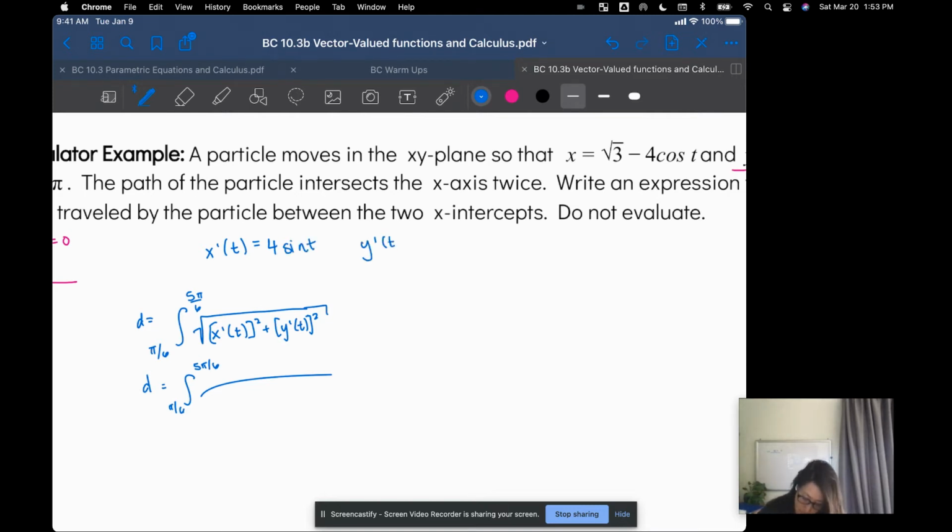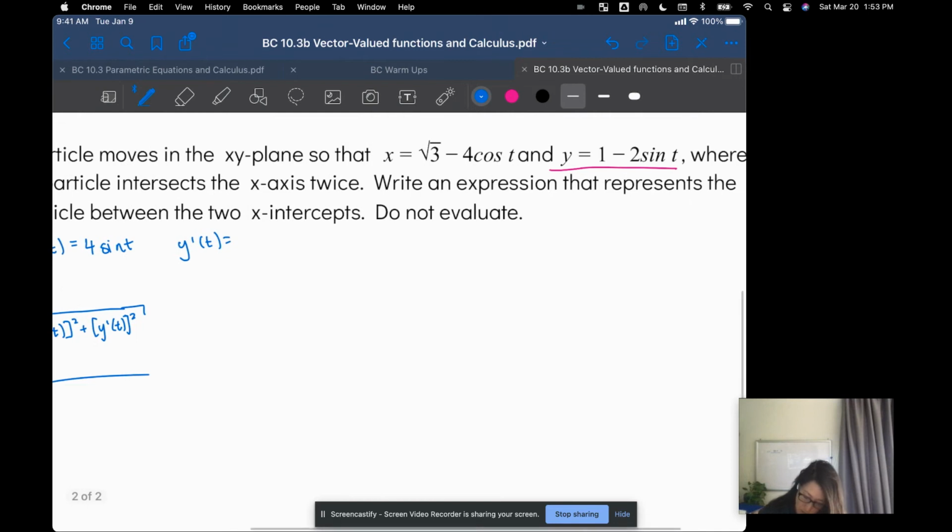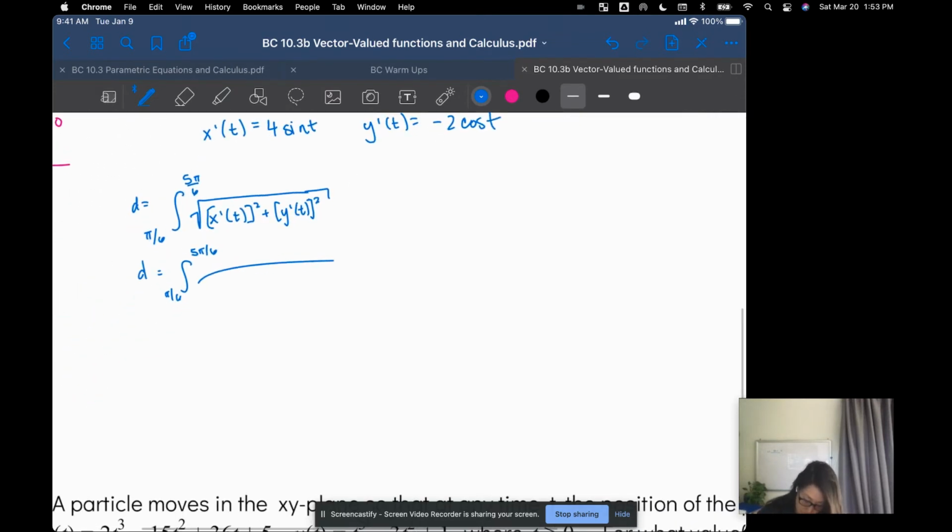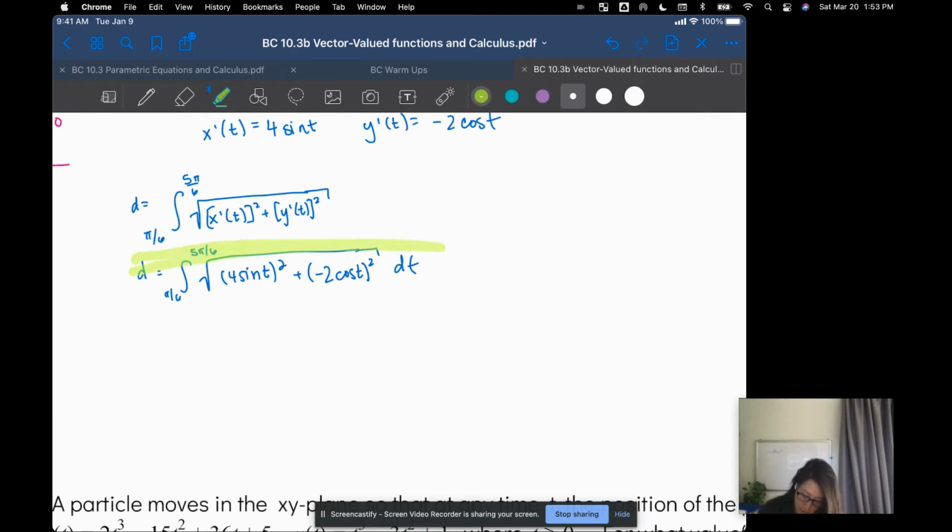And y prime of t is equal to 1 minus 2 sine t's derivative would be negative 2 cosine of t. So I can go ahead and just substitute those in. I get the square root of 4 sine t all squared plus negative 2 cosine of t all squared dt. Okay, and that's the setup for our distance.